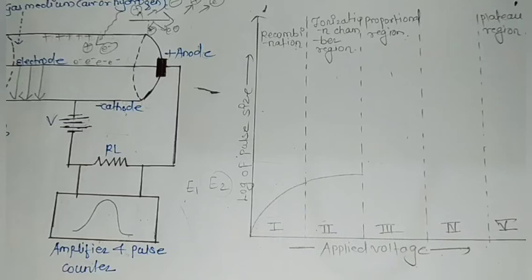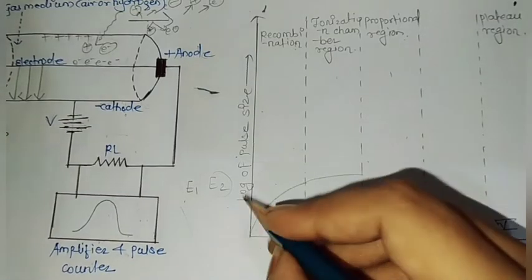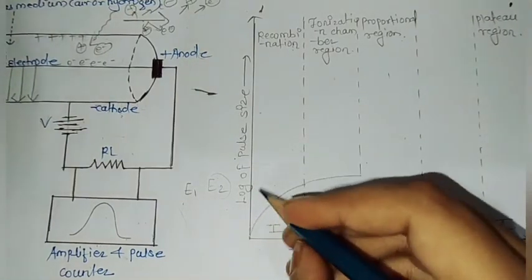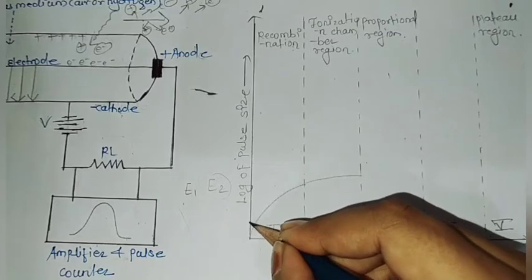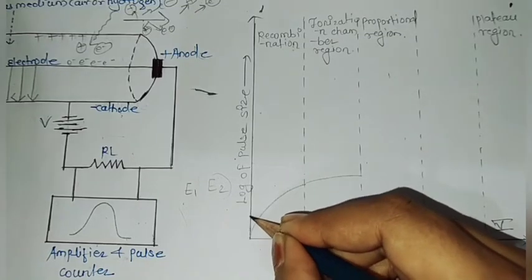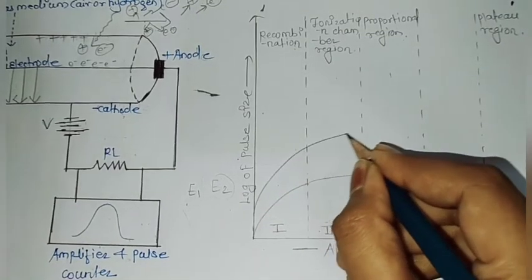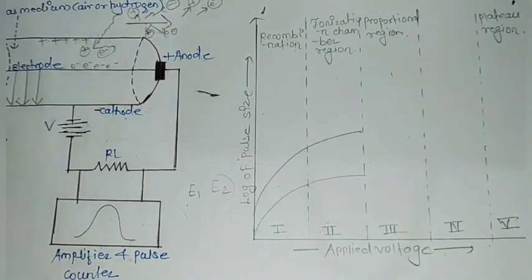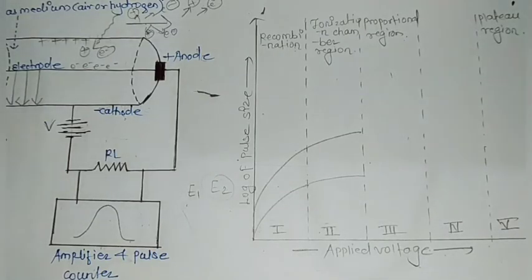So as you can see here in region number 1, with increase in voltage, recombination decreases and we end up reaching the maximum possible current pulse for the primary ionization.